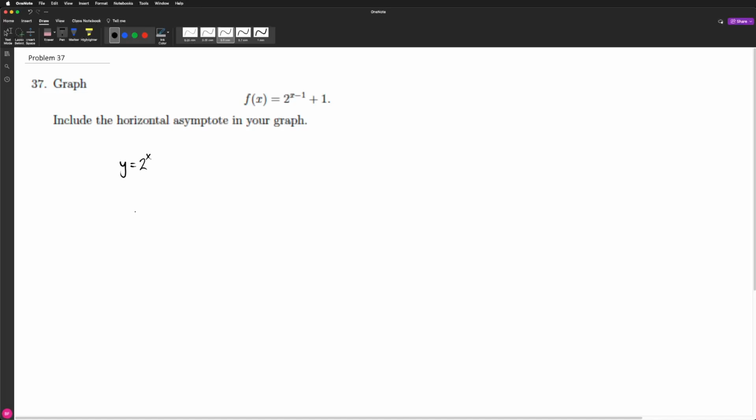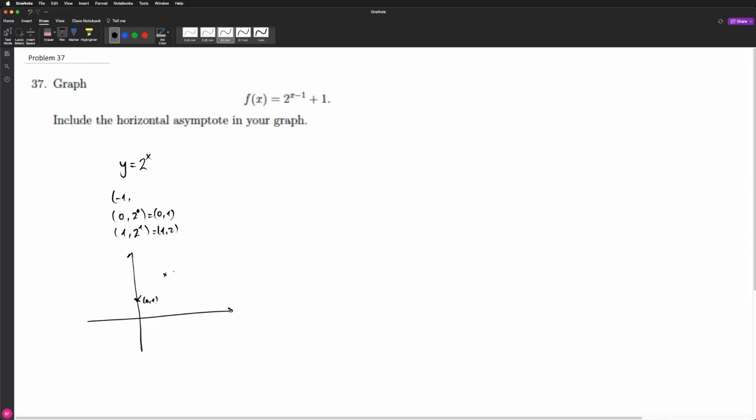for when you have an exponential function, the graph of 2 to the x. And you should be familiar with 3 points on the graph: when x equals 0, when x equals 1, and when x equals negative 1. 2 to 0 is 1, so this is going to be on the graph. 2 to 1 is going to be 2.